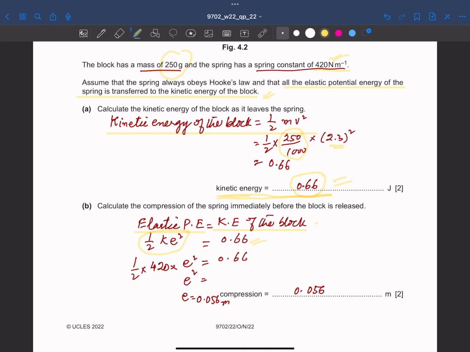Value of k they have given you, and you can get the value of the compression, which is basically here you are using e, which normally we use for extension, but this is compression as well, any change in length. Basically this is the change in length. So this is what you have, and here you have 0.056.